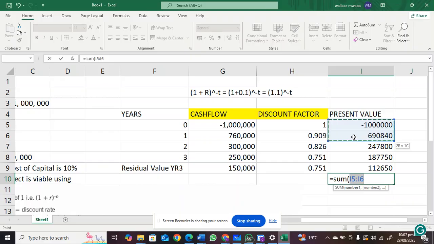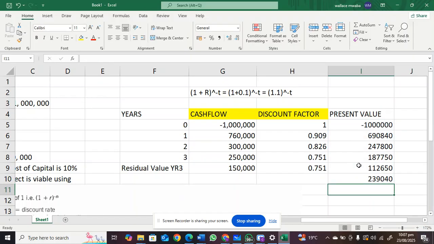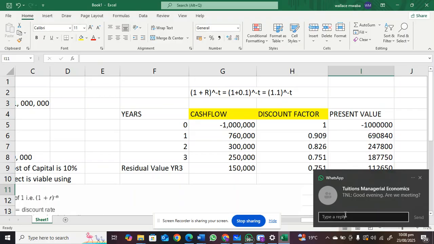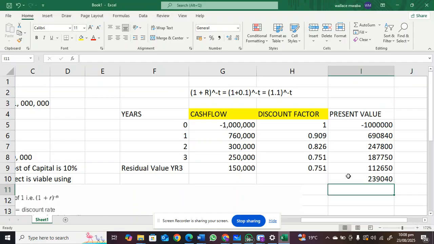Negative 1 million plus 690,840 plus this plus that plus this, we get 239,040 kwacha. Okay, that is the net present value.